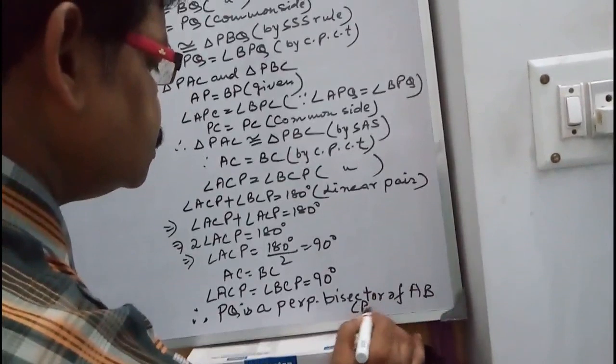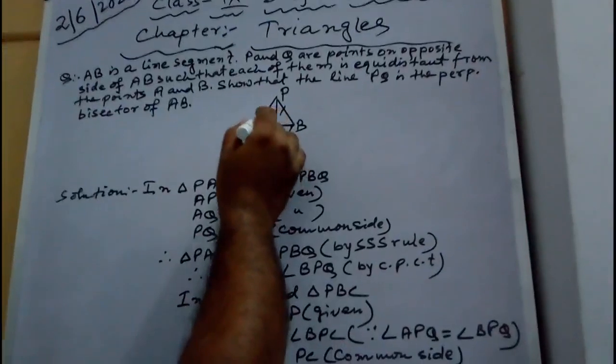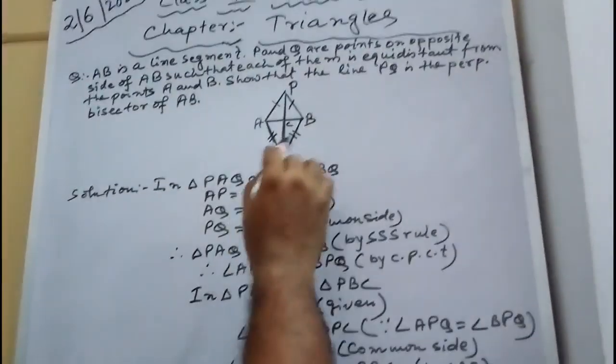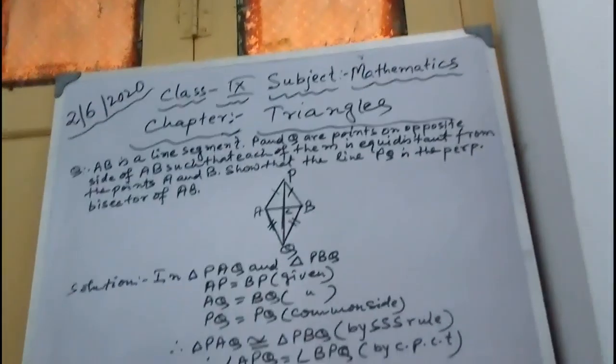Proved. So this part is equal to that one, and the angle between them, each is equal to 90 degrees. So PQ is a perpendicular bisector of AB, which you have to prove.